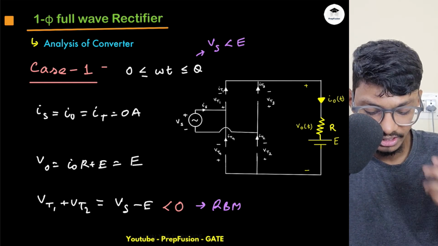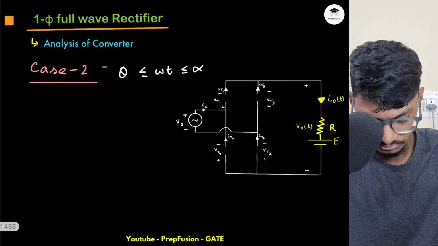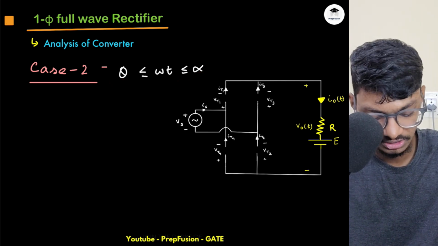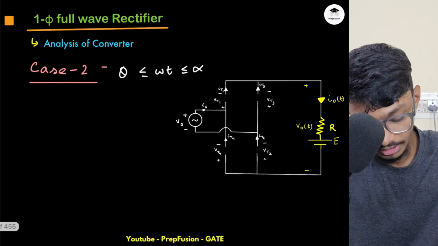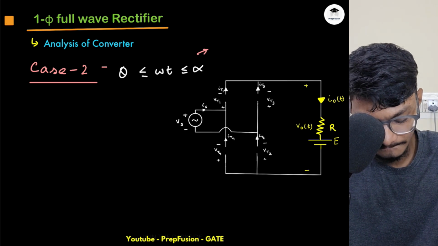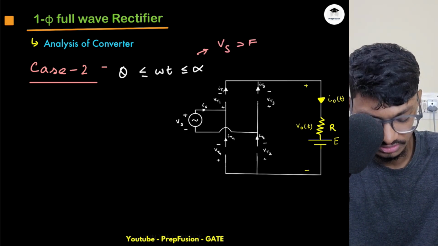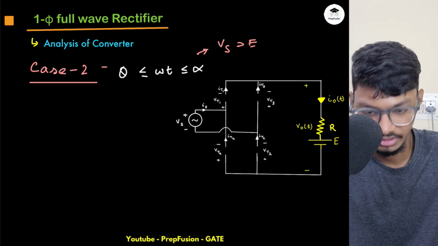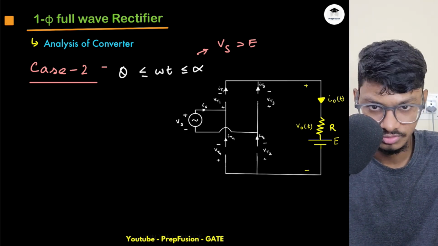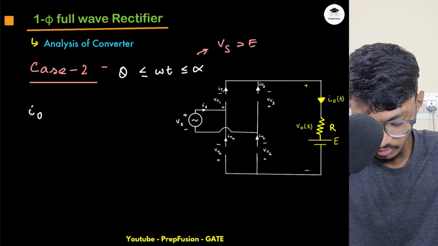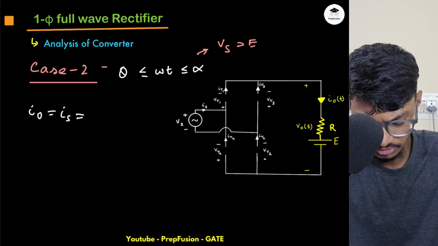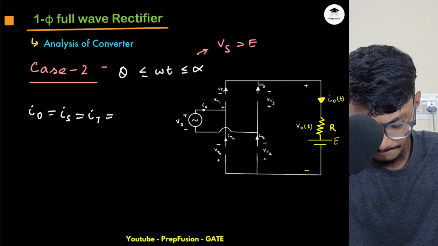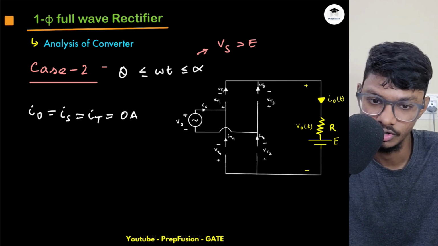Then the next case is from theta to alpha. From theta to alpha, my Vs is greater than E. So again, I will assume all of them are off. So Io equals Is equals IT equals 0 amps of current.